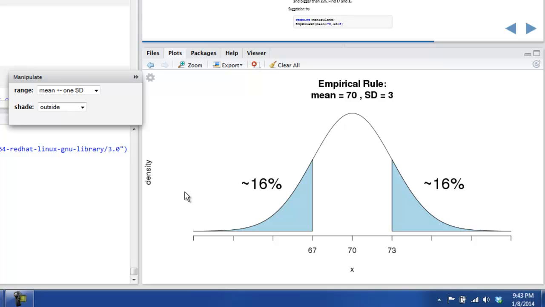Because of the symmetry of a bell-shaped curve, half of that 32% should lie below the 67, and half should lie above. So you'll find that about 16% of this population is below 67 in height, and about 16% is above 73 in height.